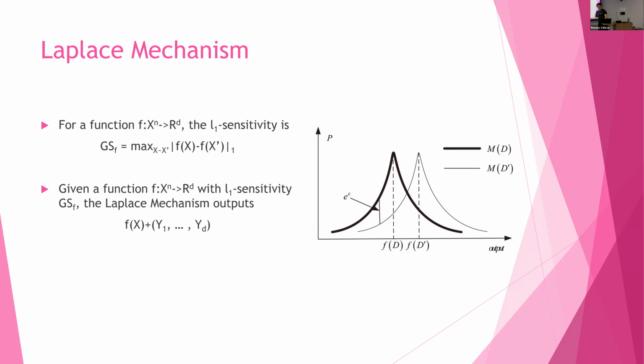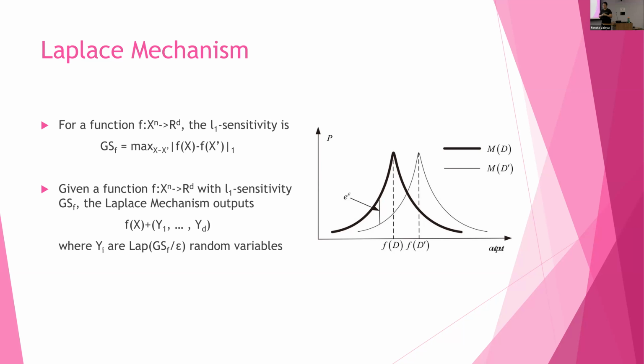Then the Laplace mechanism adds Laplace noise to each of the coordinates of the function f, and the Laplace noise is scaled proportional to the L1 sensitivity. I think this is at least somewhat intuitive, because if the function changes more on neighboring data sets, then more noise is needed, because differential privacy wants to guarantee privacy with respect to neighboring data sets.